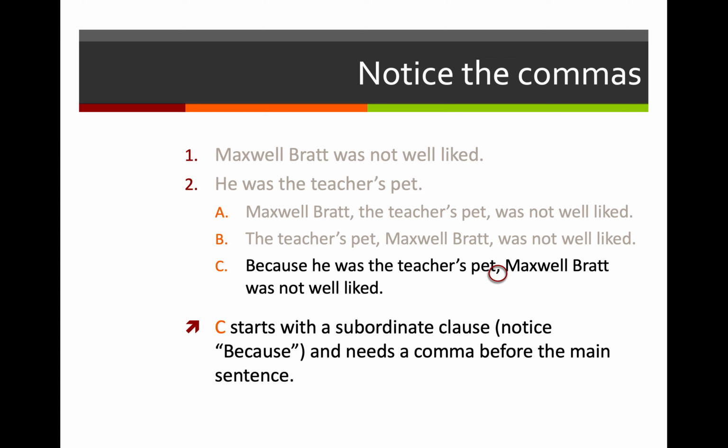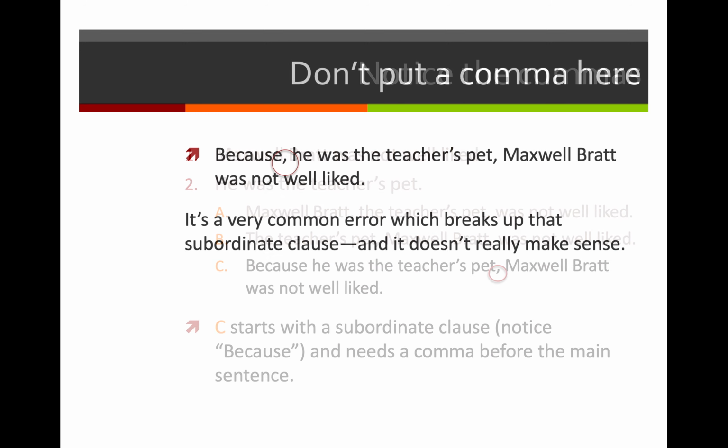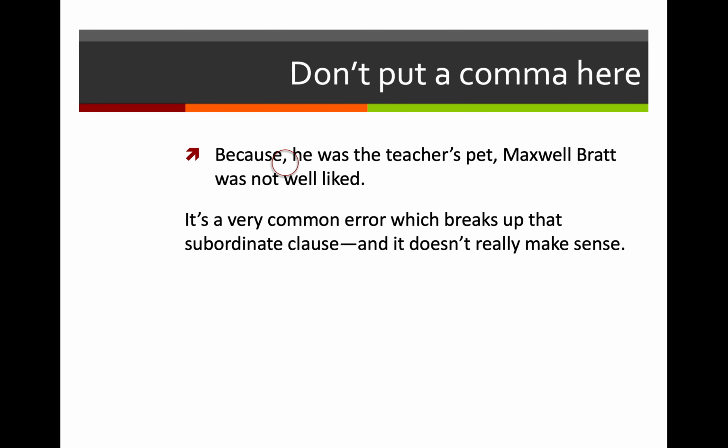And by the way, that comma after teacher's pet, leaving it out is one of the commonest, one of the most normal errors that people make. It's got to be there. By the way, please don't put a comma after the subordinating word. It's a very common error, but it really breaks things up.